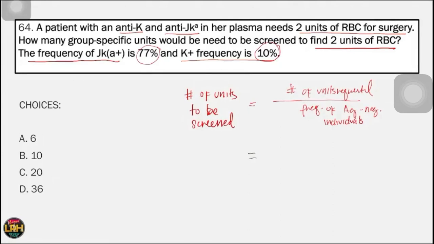So, substitute this. How many do we need? We need 2 units of red blood cells. And the frequency of antigen negative individuals has to be computed from Jka positive. So, antigen negative individuals would be 23%.